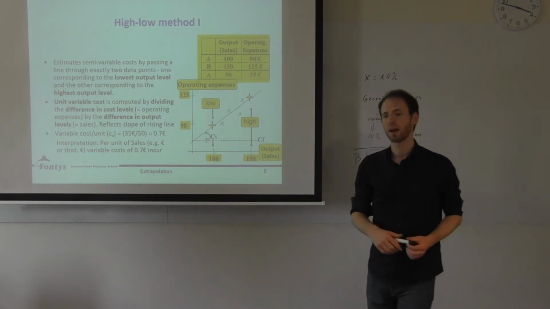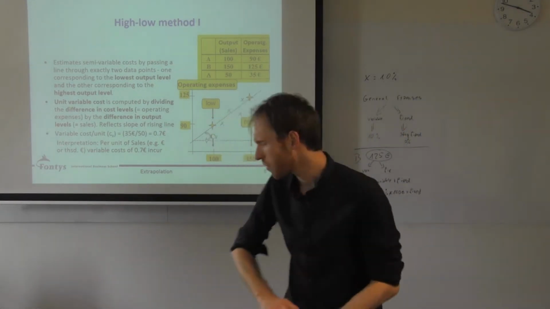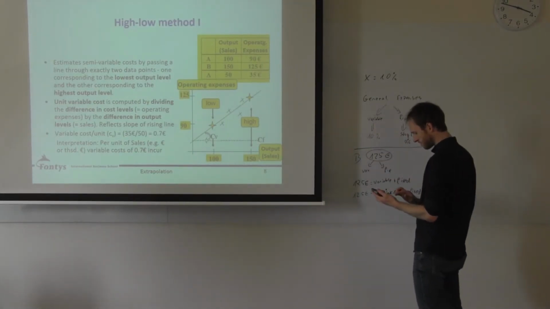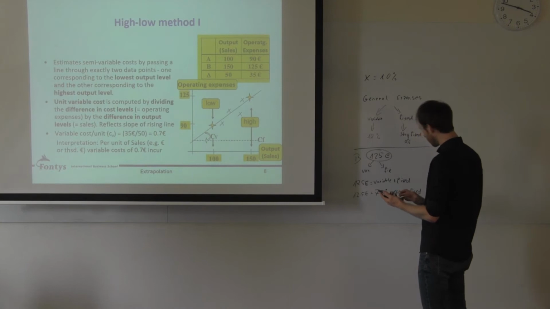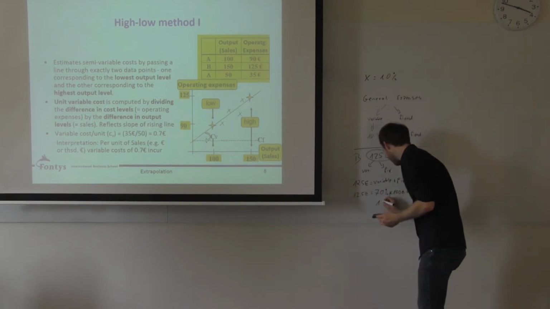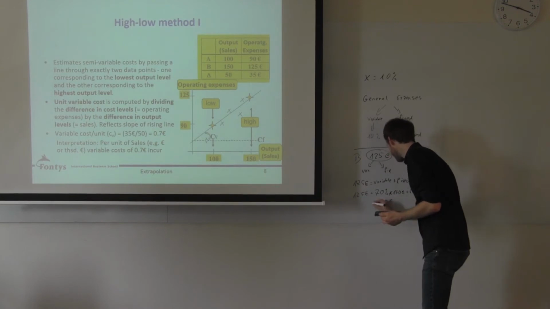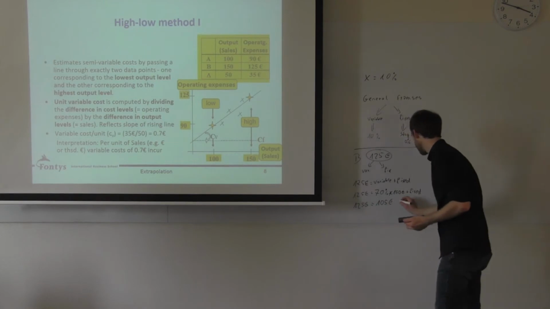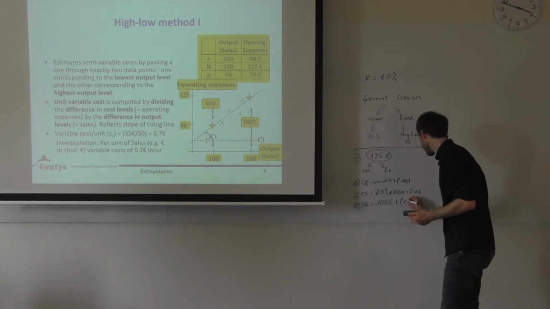And that basically is what we have to calculate now. So we take 70%, 0.7 multiplied with 150, so that is 105 euro, and so 125 euro equals this plus the fixed cost.